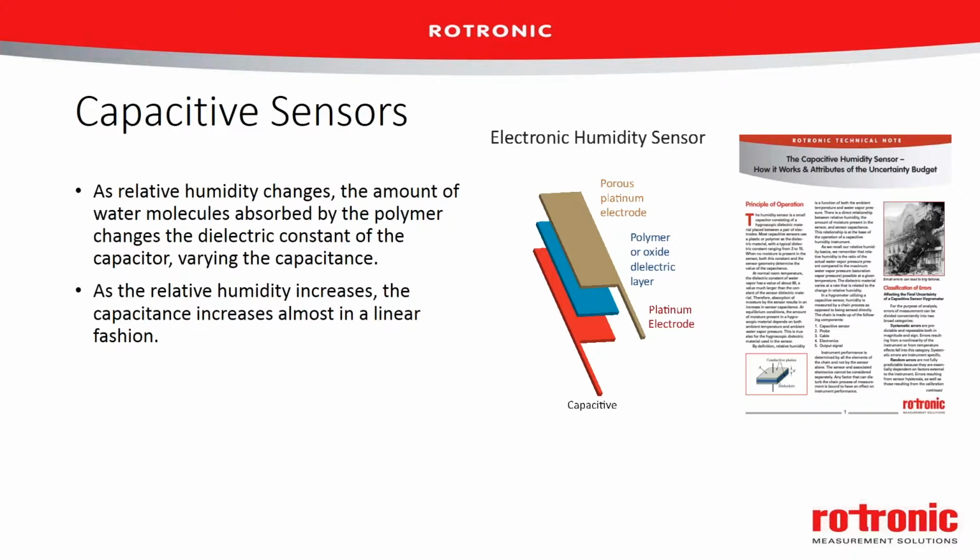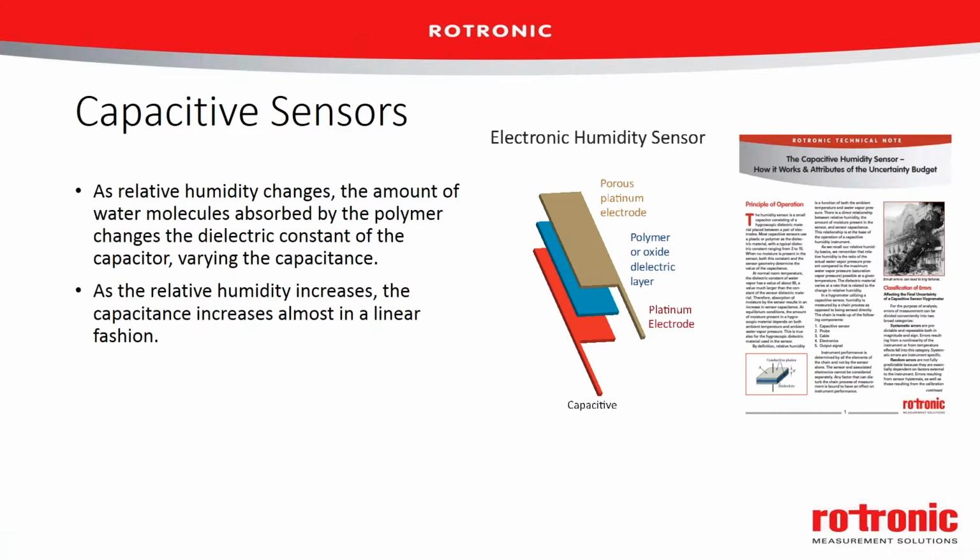So the capacitive sensor senses relative humidity directly. So everything that it's changing is due to changes in the actual relative humidity. Unlike the psychrometer where we're measuring wet bulb and calculate relative humidity, this is a direct measurement of that.